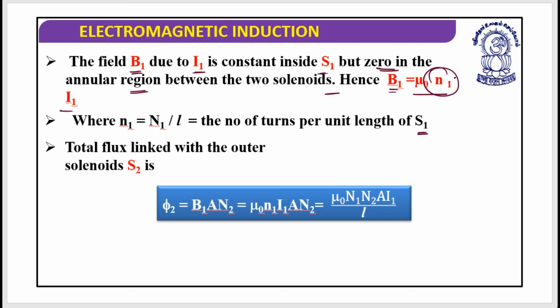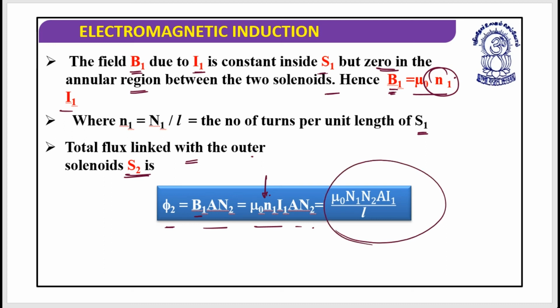So the total flux linked with the outer solenoid S2 is phi 2, equal to B1 into A into N2. When I replace the value of B1, it's mu naught into n1 into I1 into A into N2. Since n1 is the number of turns per unit length, let's replace it.